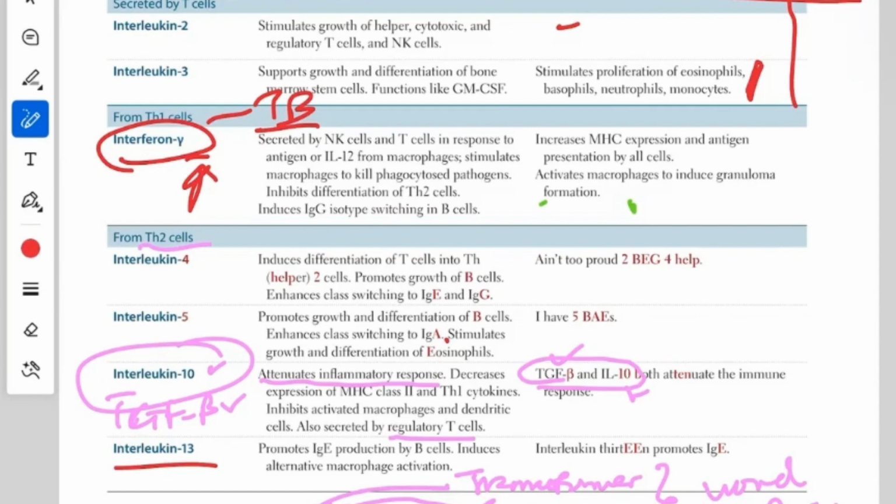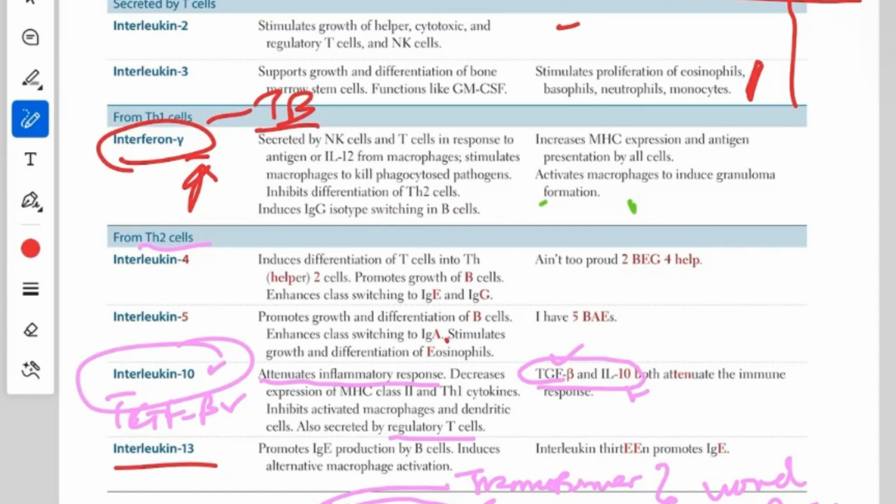When you talk of Th2, these are activated CD4 cells due to allergy and parasites. Four main cytokines: interleukin 4, 5, 10, and 13. That's involved in parasites and allergy.